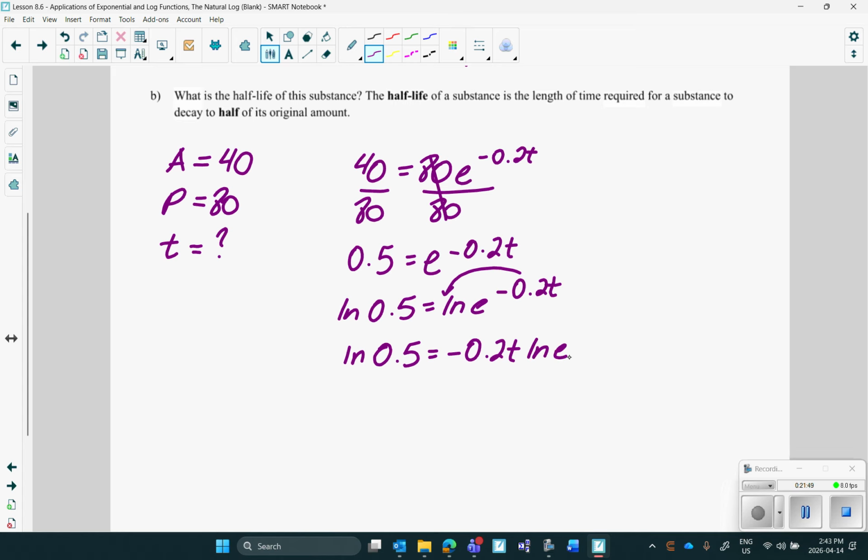Remember, whenever you see ln e, it's basically the same as times 1, which means it just disappears. So we divide by negative 0.2 to get our T. And what's the half-life of this substance? 3.5? 3.5 years.